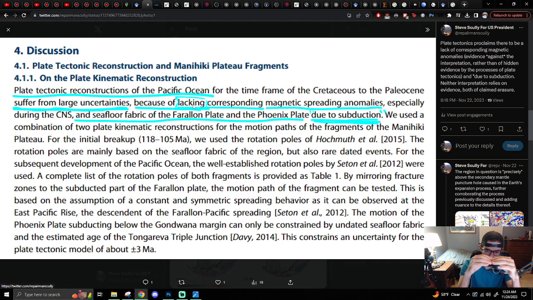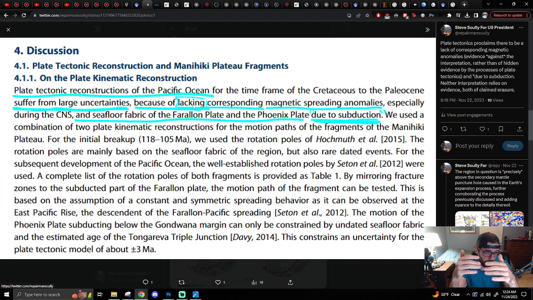So there's nothing in the magnetic anomalies showing this motion. So it basically needs to be written off as something happened to hide it, and so be it. It is what it is.